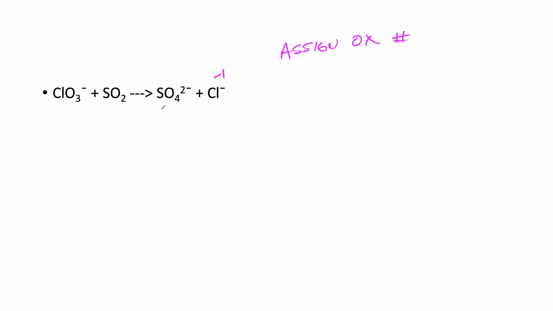All the oxygens in here are bound to the central atom, or the other element, and so oxygen is going to be -2. This is -2. This is -2. This is -2. Now, what we have left is this chlorine and these two sulfurs. So let's look at ClO3 minus. Total charge is -1. We know oxygen is -2.